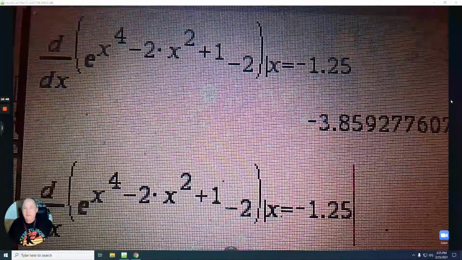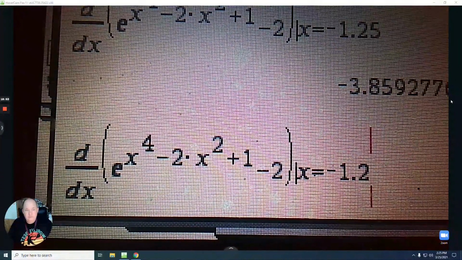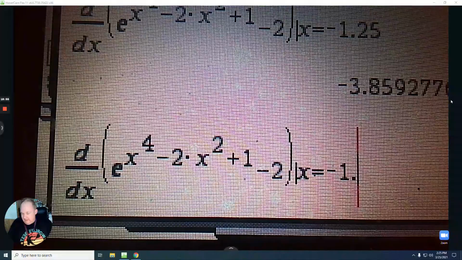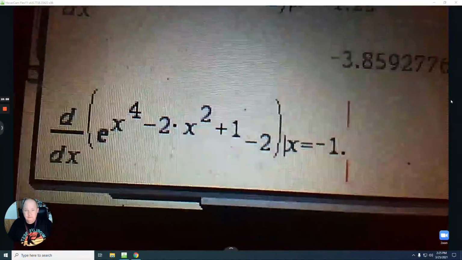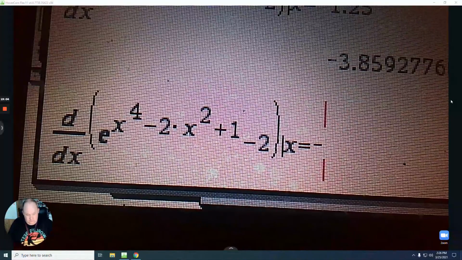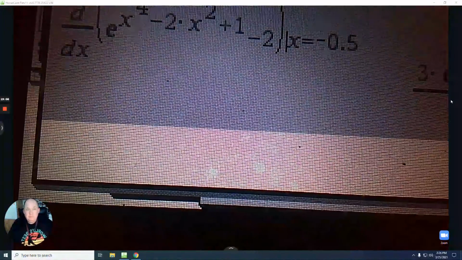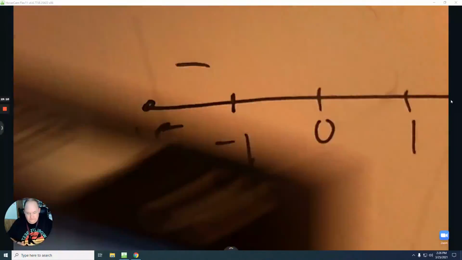So we're just going to type it again. And now it's going to be -0.5. That's a positive value.